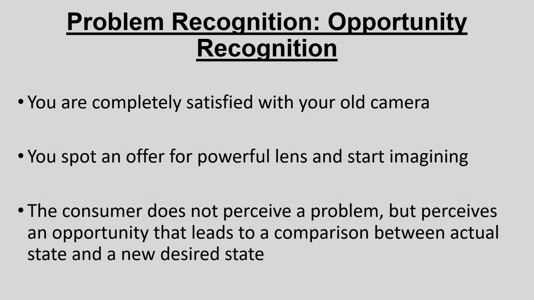But then suddenly what happens is you see an offer with a powerful lens and start imagining. So, what happens? You go into the marketplace and suddenly you see that the company whose camera you have, say Nikon, is offering an additional lens or additional system of lenses which can better your camera, or is offering you some kind of device or addition onto your old camera, which can help you take brighter and more lifelike pictures.